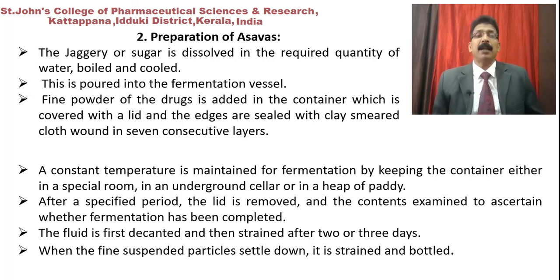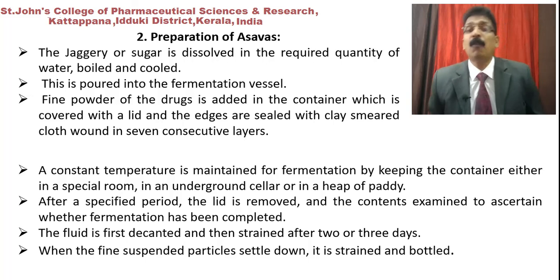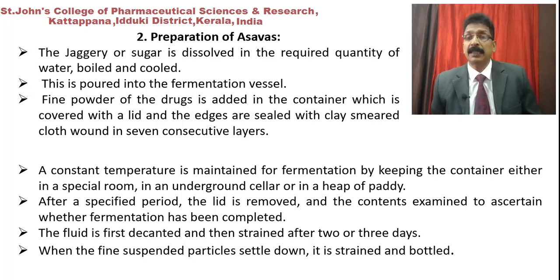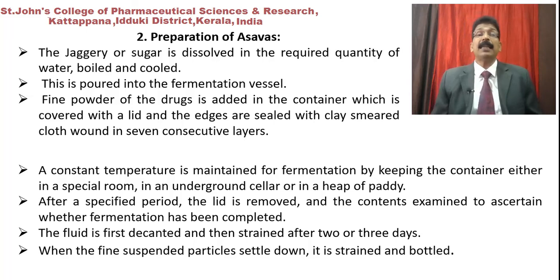A constant temperature is maintained for fermentation by keeping the container either in a special room, in an underground cellar, or in a heap of paddy. After a specified period, the lid is removed and the contents examined to ascertain whether fermentation has been completed.